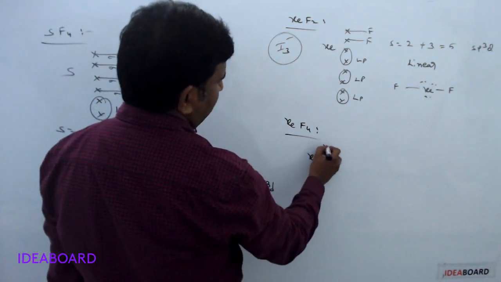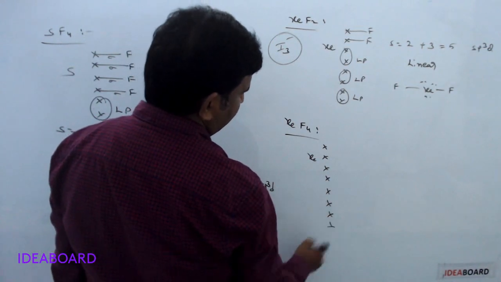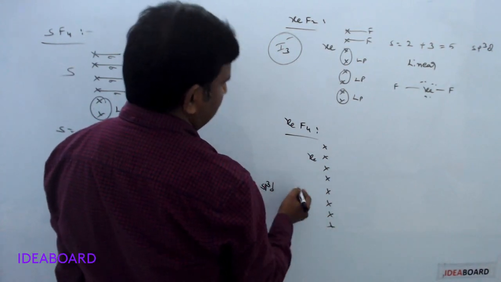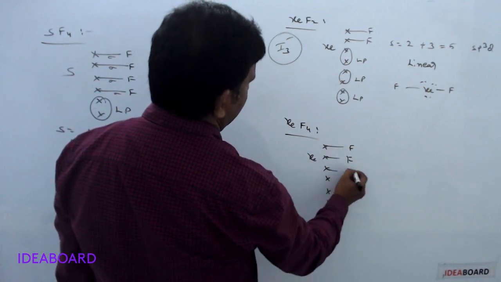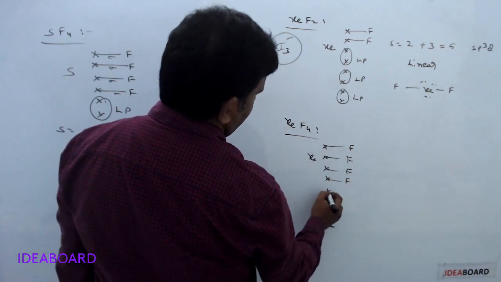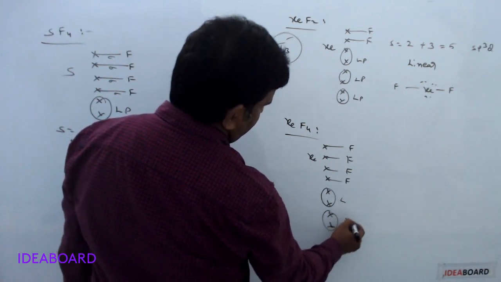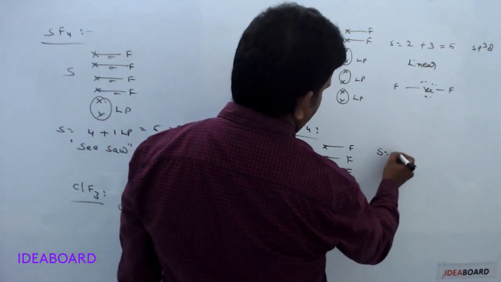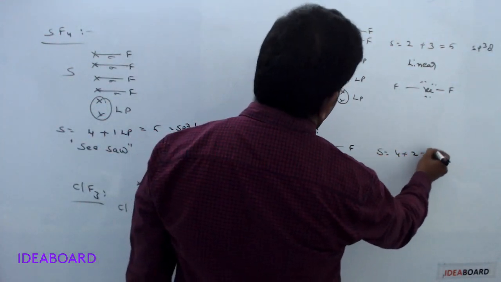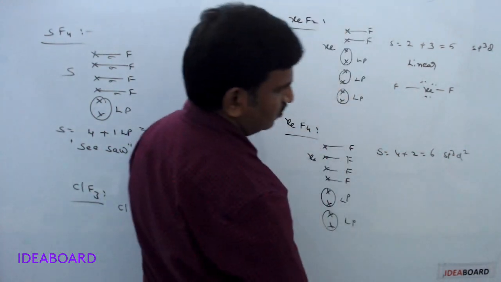Please remember, I3 minus also has the same type of structure, same hybridization. XeF4, same here. 1, 2, 3, 4, 5, 6, 7, 8. 8 electrons of xenon. 4 fluorine atoms form 4 single covalent bonds. Okay, and the remaining are lone pairs. So here, the steric number is 4 plus 2, it is 6. So the hybridization is sp3d2.